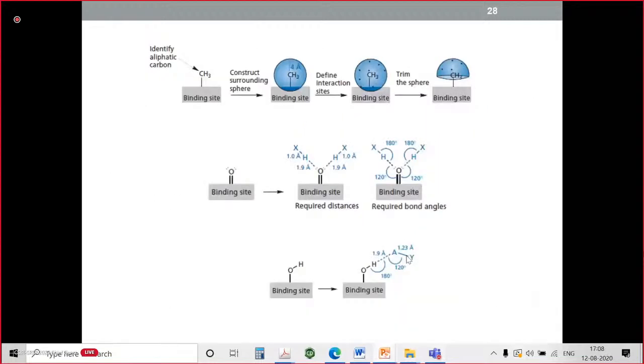Now, this is actually being done on the basis of the identification of the binding site initially. So as I told you, if any alkyl substituent or aromatic substituents are there in the binding site, then the hydrophobic area needs to be constructed. That may be around 4 angstrom.